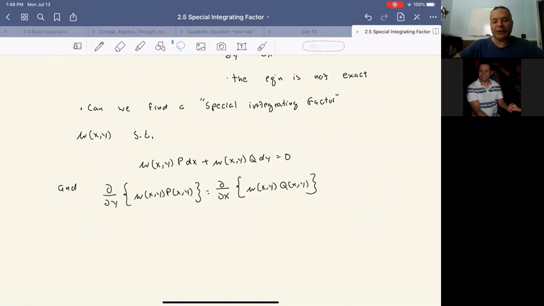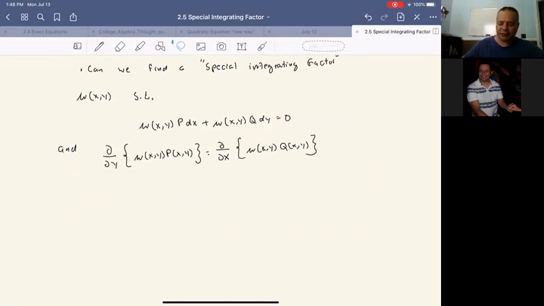Okay, so let's go ahead and expand this out. So taking the derivative on both sides, let me do this in blue.